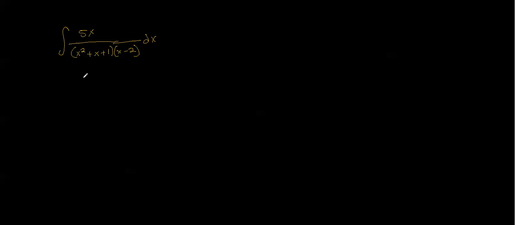And then from here, we want to set this equation equal to another equation so that we can split this up into two different fractions. So x squared plus x plus 1 times x minus 2, we'll set this up as equal to ax plus b over x squared plus x plus 1 plus c over x minus 2.